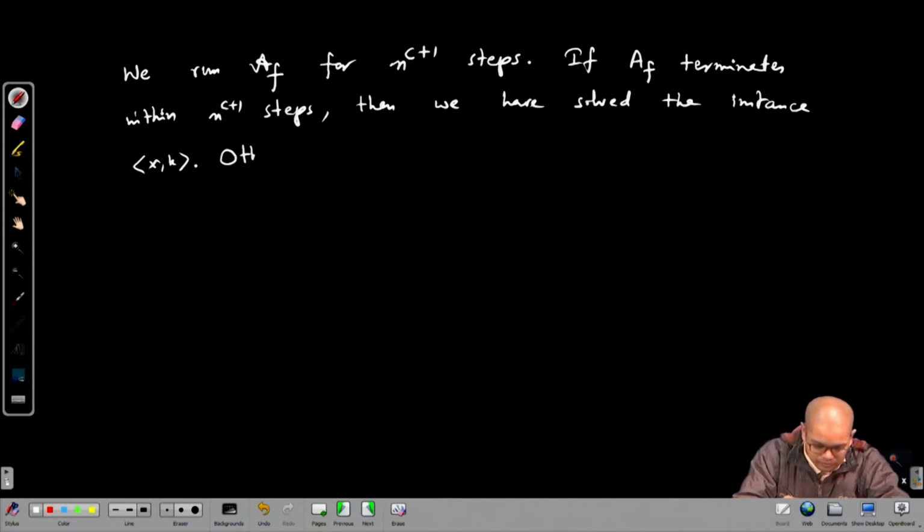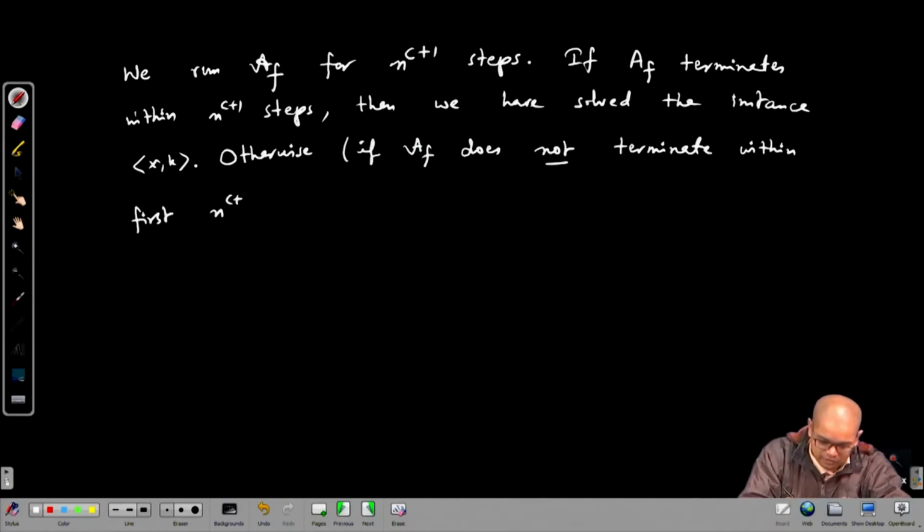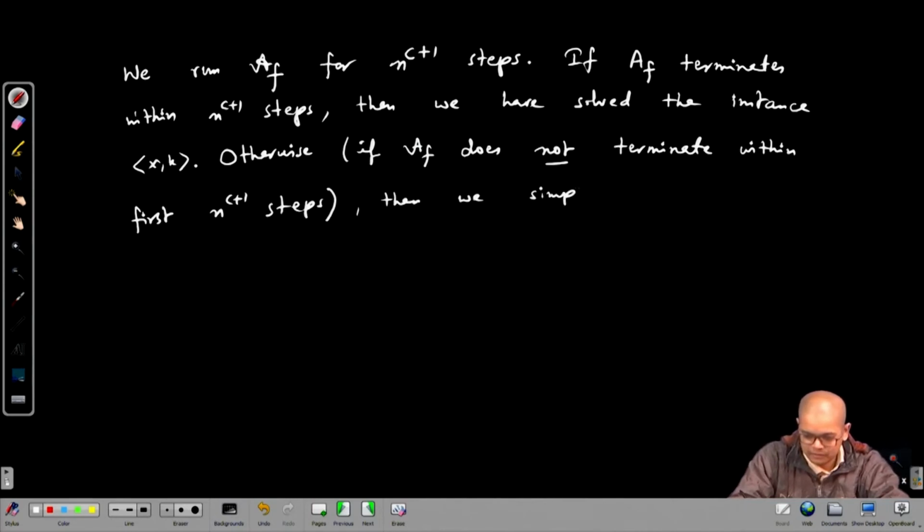Otherwise, that means if AF does not terminate within first n to the c plus 1 steps, then we simply output x comma k.